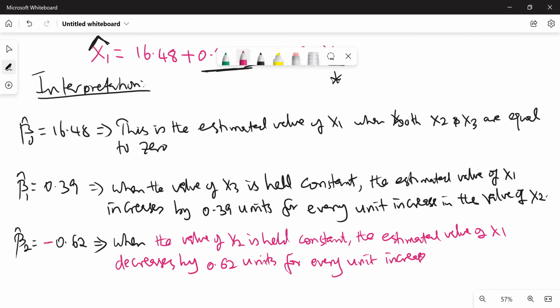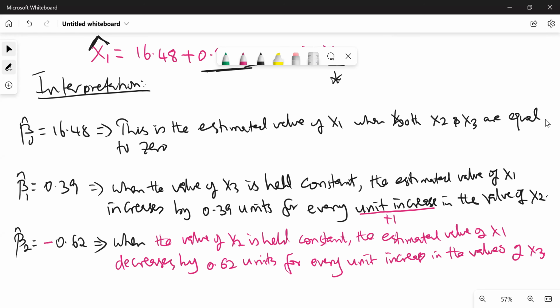The word unit increase here means +1. Unit is 1. So unit increase is +1. If you do +1 in the value of x2, or +1 in the value of x3, and so on and so forth. So the estimated value of x1 decreases by 0.62 units for every unit increase in the value of x3. So that's basically how you interpret regression coefficients.